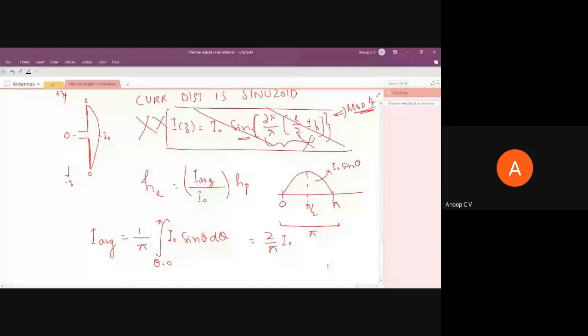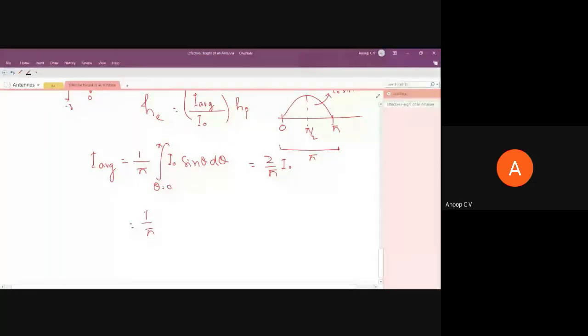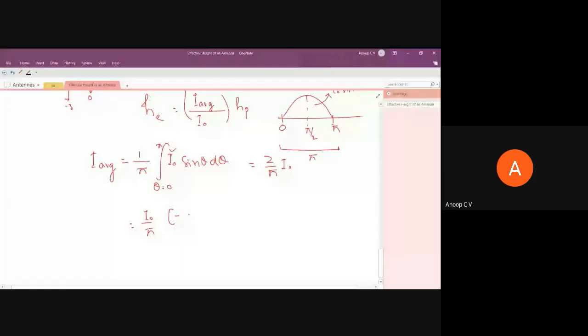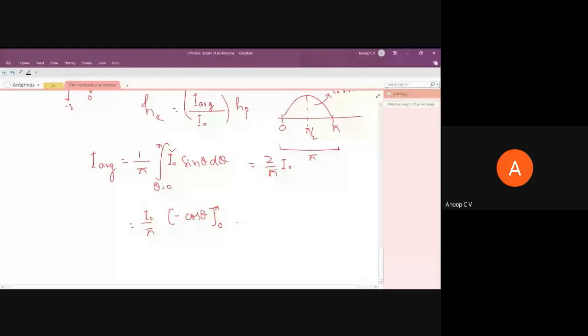So this I average is equal to 1 by pi, and I naught can be taken out. I naught is a constant, that is the maximum value. And the integral of sine theta d theta is minus cos theta, with limits from 0 to pi. So this is equal to minus I naught by pi times (cos of pi minus cos of 0).